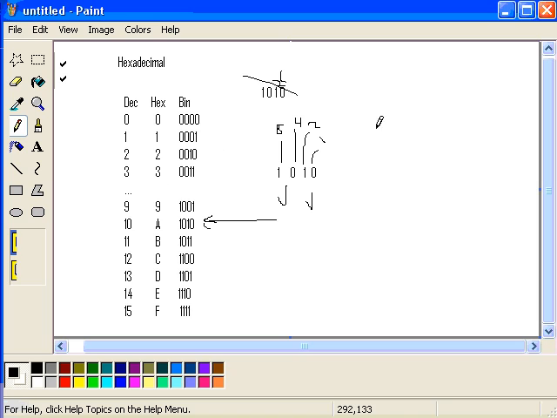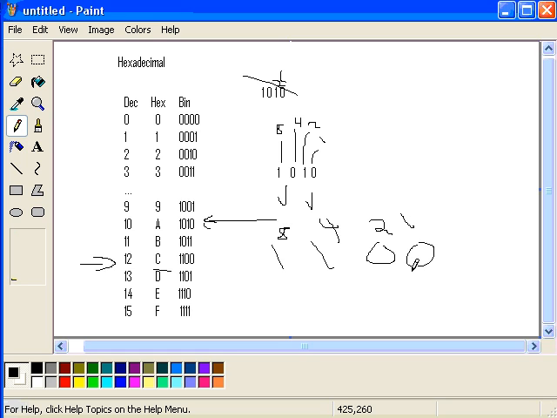So if I were to give you a question and say, I want to know what 12 decimal is in hexadecimal, you would turn around and say, well, what's the value of 12 decimal in hex? C, okay? Or 1100, which is 1, 2, 4, 8.